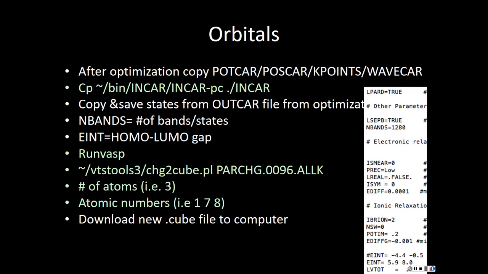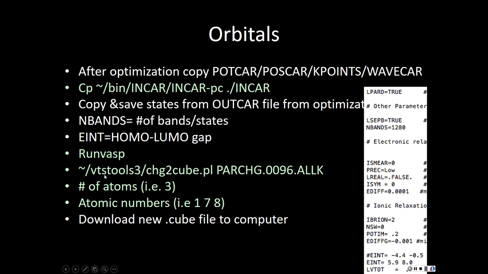They need special software to be read, but this charge to cube converts from VASP style to Gaussian style. So the users of GaussView can plot orbitals in the same way as they did before. Make sense?